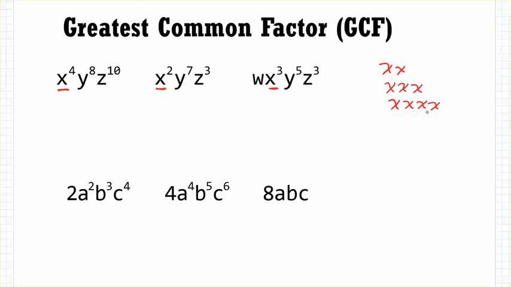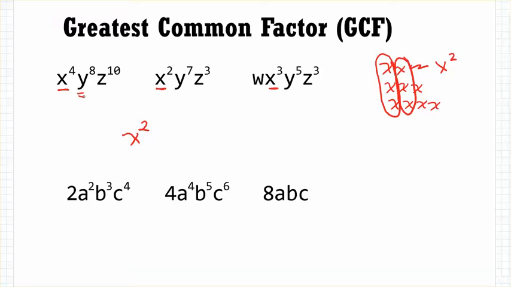What we want to see is what is common between all three of these. If we look at these, I'll circle the first set of x's and the second set of x's. So what's common here is x squared. That'll be one of the greatest common factors.